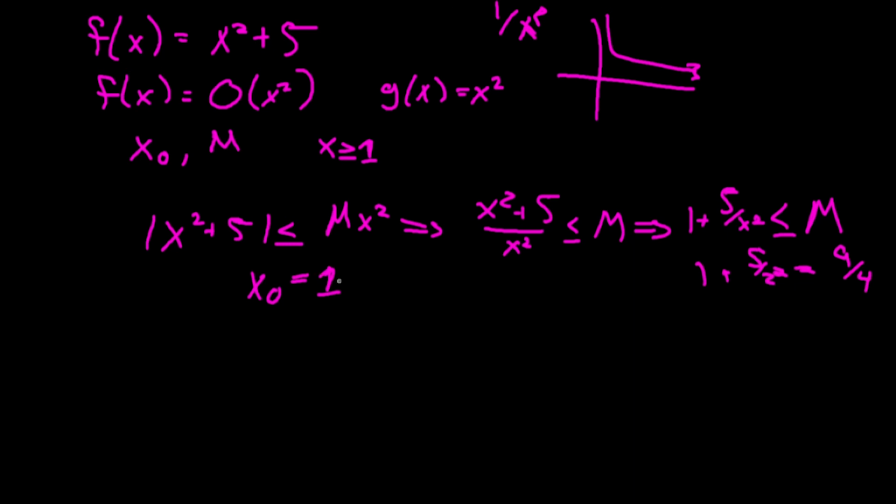Let's say we want to make it so that our function is always bigger. So that would mean that 1 plus 5 over 1 squared must be less than or equal to m, which means that we can choose our m such that it is bigger than or equal to 6.